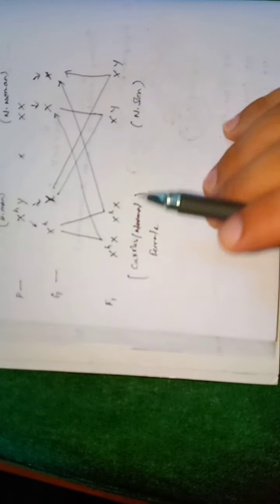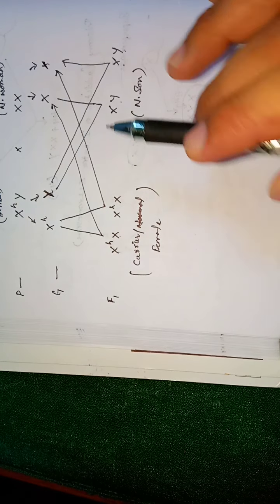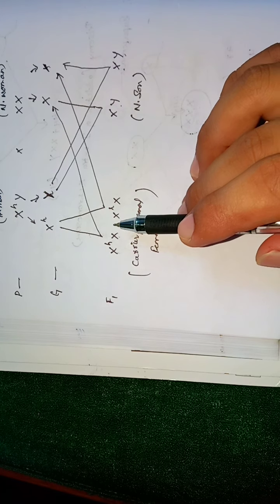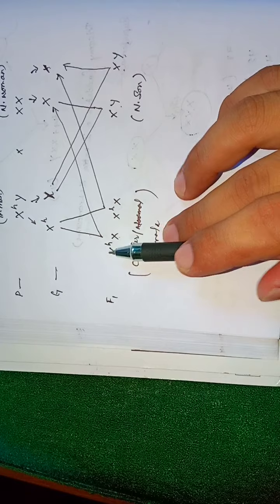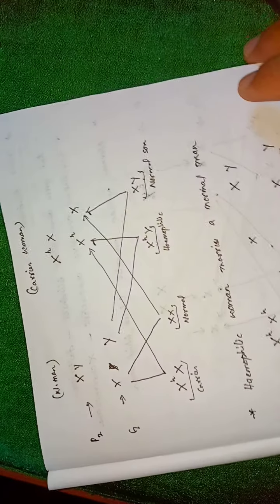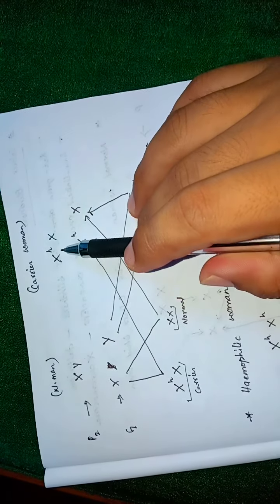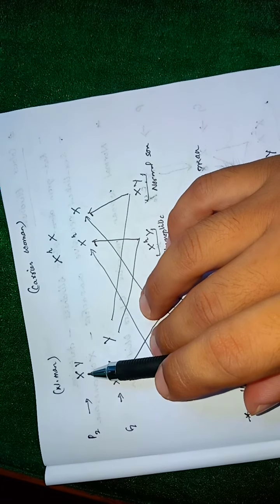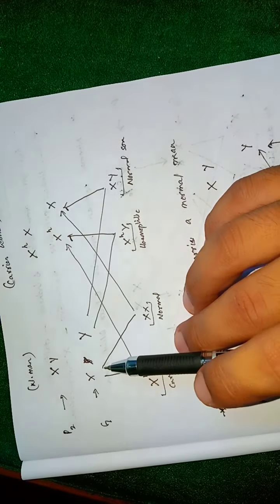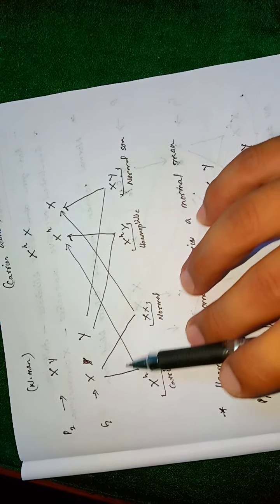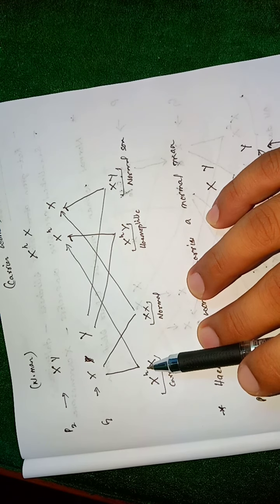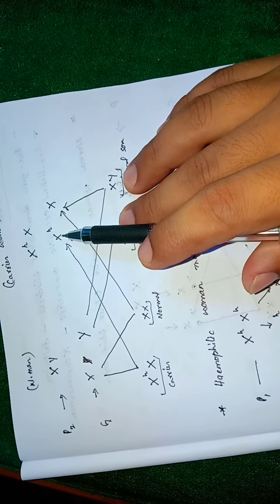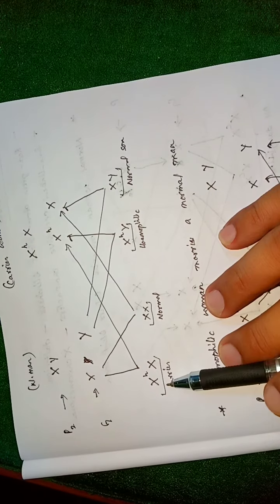Now the next: what will be the result for the offspring when a carrier female marries a normal man? This is the carrier female and this is the normal man. The gametes will be in this form, and one X chromosome is received from the father and one hemophilic X chromosome is received from the mother.